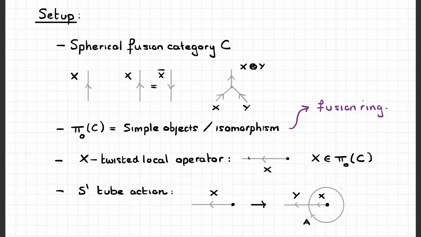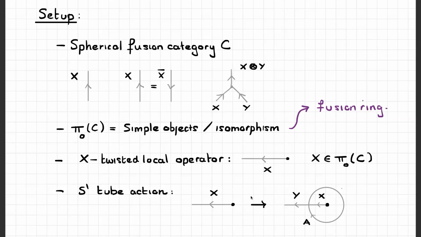And the way that the fusion category acts on those local operators is by surrounding a circle. So you might have some operator in the X twisted sector, and you come along with another simple object A, and the way it acts is by surrounding with a circle here, and it transforms it into another twisted sector Y. So the action might take you between different twisted sectors.